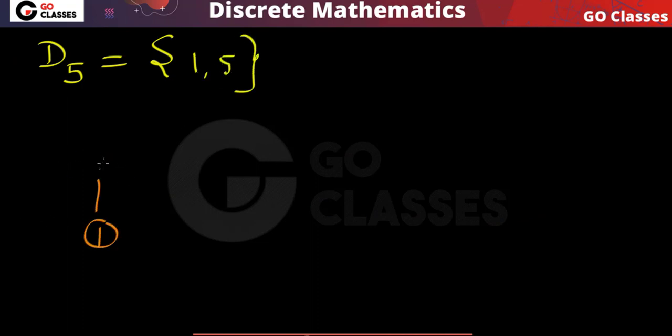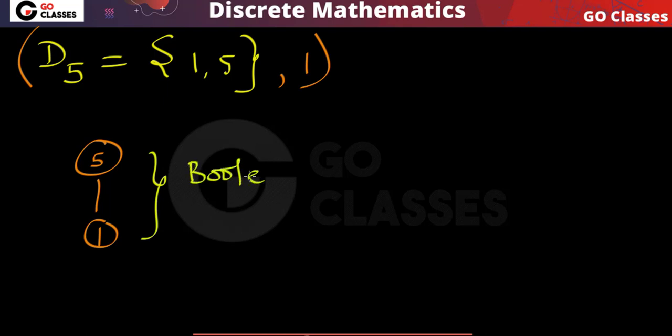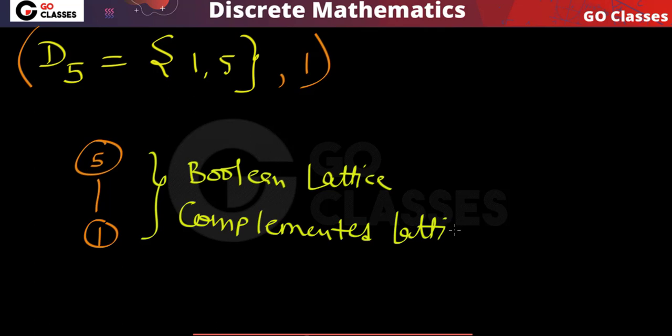Now similarly, what about D5? Remember, D5 is 1, 5. The Hasse diagram is 1 divides 5. The relation is the same, divisibility. This is also a Boolean lattice, and because of that, this is also a complemented lattice.